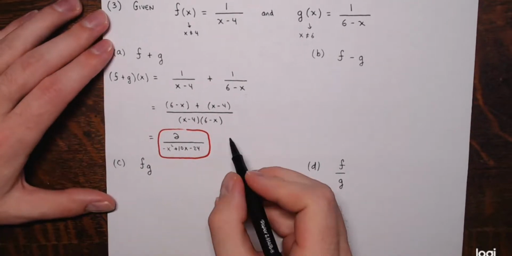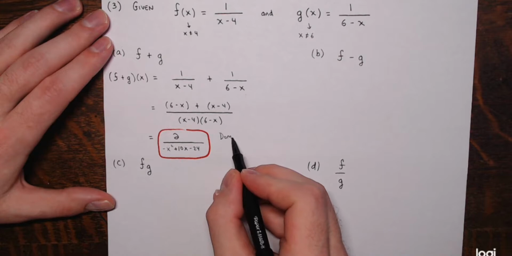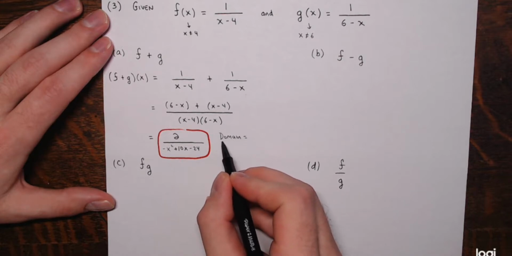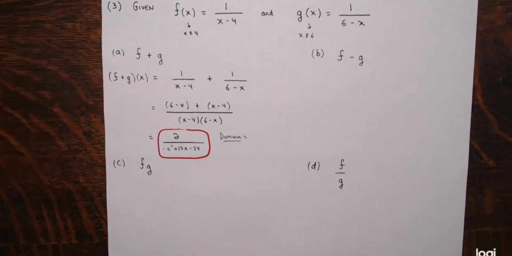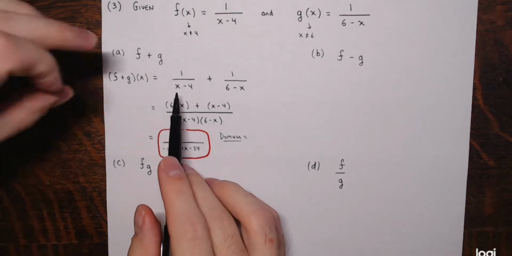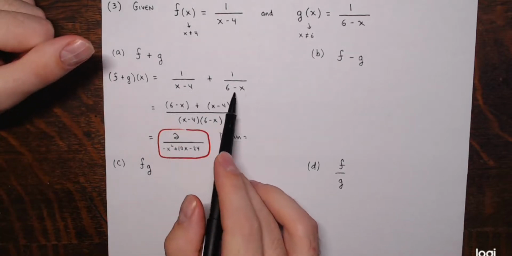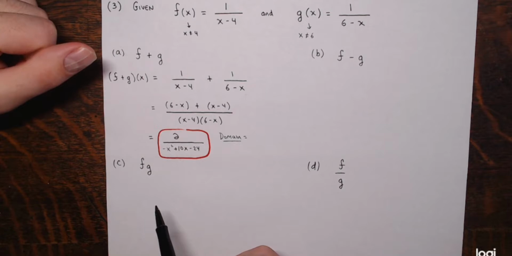But the domain in interval notation is not all real numbers, right? As you see in the denominators throughout this, x minus 4 and 6 minus x are factors in these denominators. So x can't be 4 or 6.